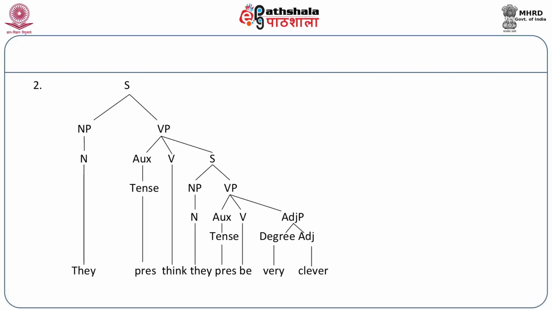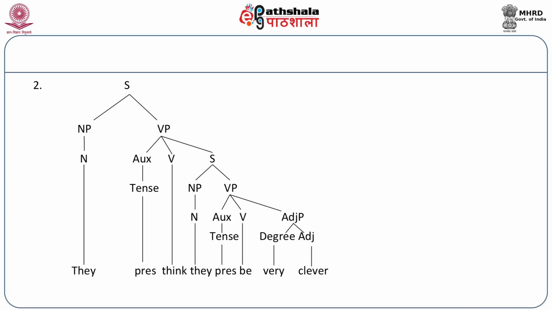So in the tree in 2, you can see that the clause they are very clever has been divided into two parts, a noun phrase and a verb phrase. So we have an S within an S.